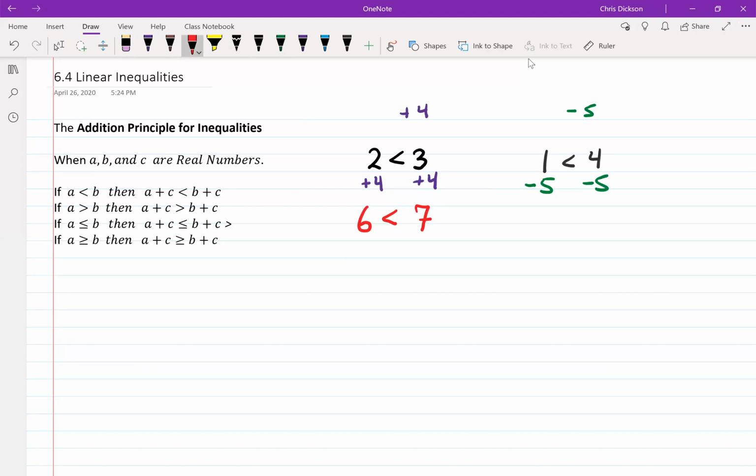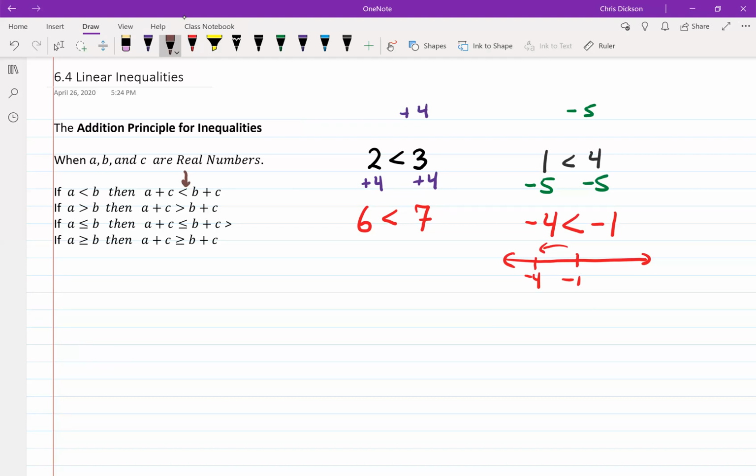So 1 minus 5 is negative 4, and 4 minus 5 would be negative 1. And so would it still be true to say that? Well, yeah, if you were looking at negative 1 on the number line, negative 4 would be over on the left side, so it would be less than negative 1. So these statements basically say that if you add or subtract the same number on both sides of the original statement, the statement should still be true, or the inequality sign should not switch.